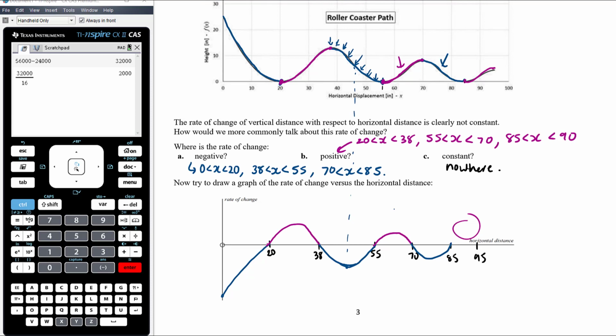So again, we're seeing these two sections, this is positive, this is negative, but otherwise they're sort of the same. And then the final bit again shouldn't get as high as the previous purple section. So not that high, let's keep it a bit lower. So the rate of change goes from negative to positive, negative to positive, negative to positive, but it's also gradually getting less steep.